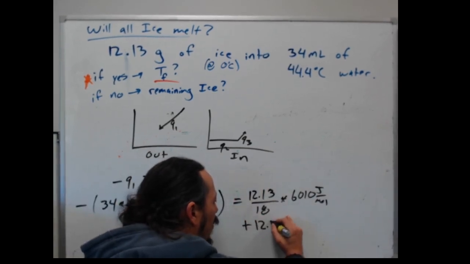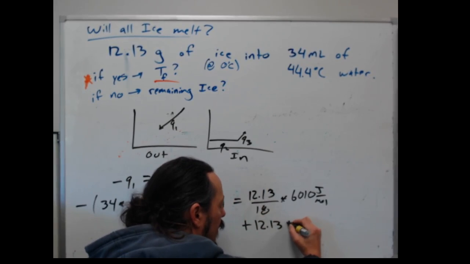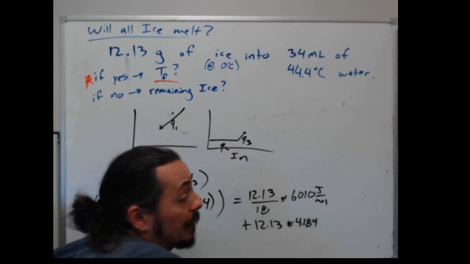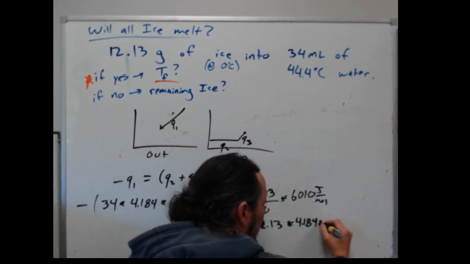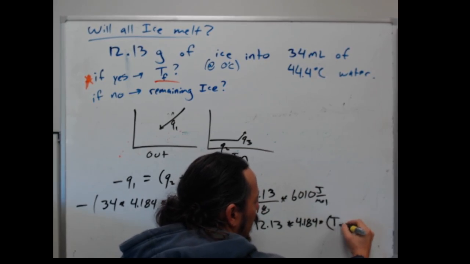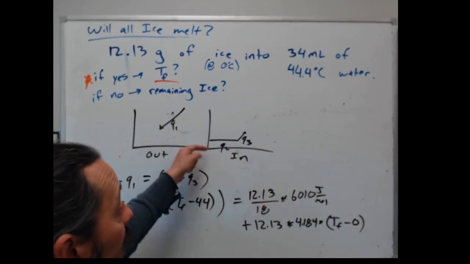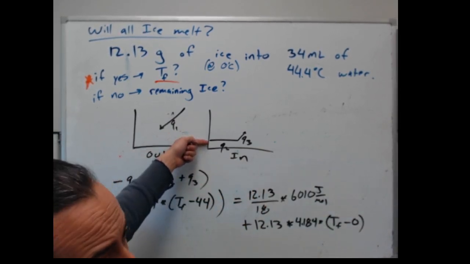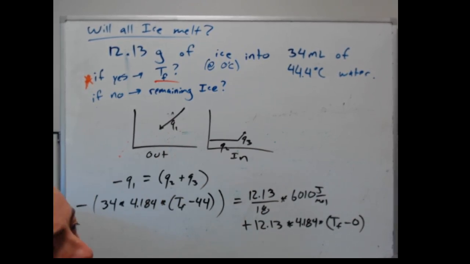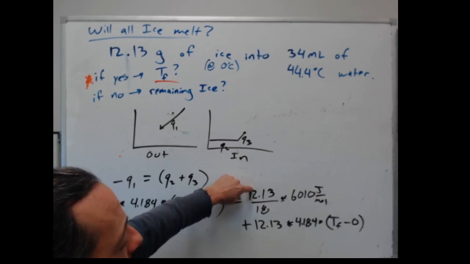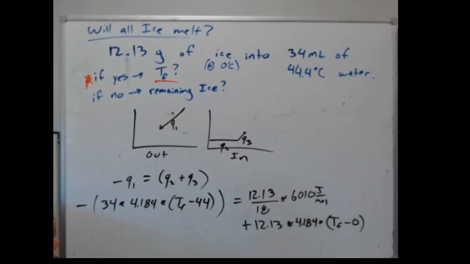So that's going to be the 12.13 times 4.184, because melted ice is just water, times my T final, which I still don't know, minus 0, because when ice melts, it melts at 0. So the starting temperature of this 12 grams of melted ice, which is just water, is 0. Because the energy is going into the phase change rather than the temperature change.